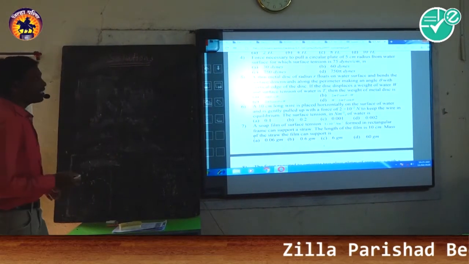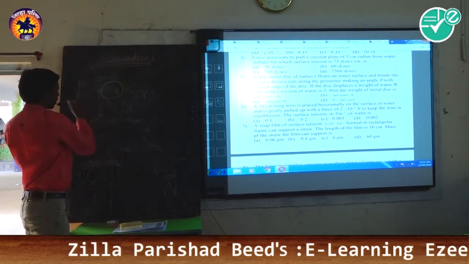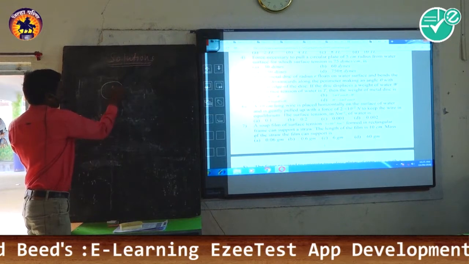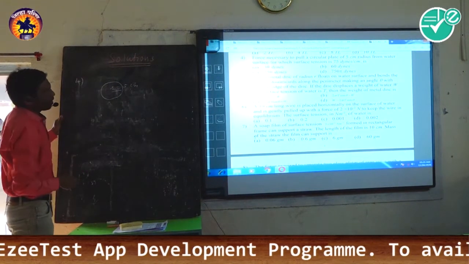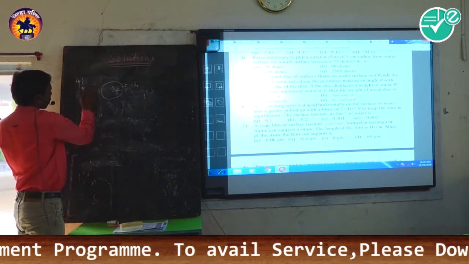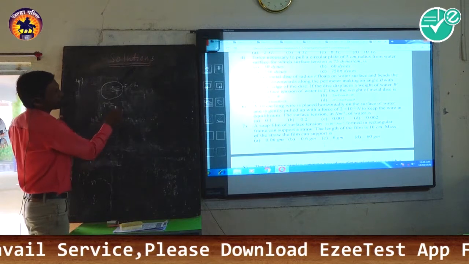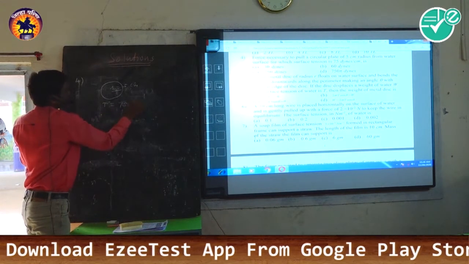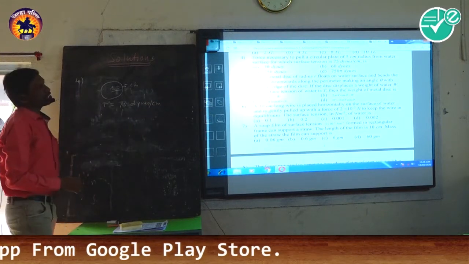It means it is the circular plate that is given, whose radius R is equal to 5 centimeter, and the surface tension of the liquid on which this disc is placed is T equal to 75 dynes per centimeter. So what is the correct option?